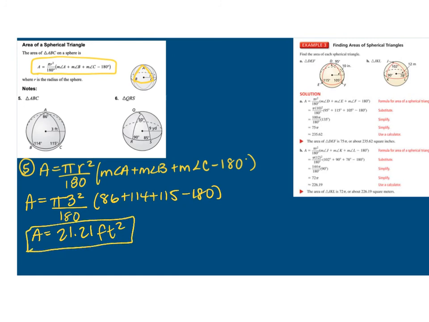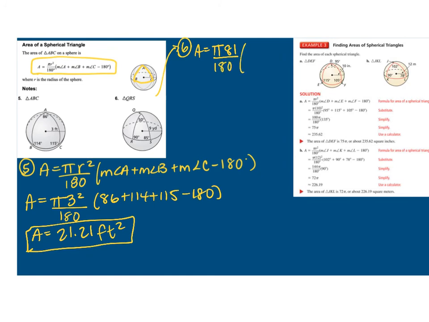A little bit different than area of a triangle on a Euclidean plane, isn't it? Okay, let's try number 6 up here. So pi times r squared, r is 9, so that's 81 over 180.